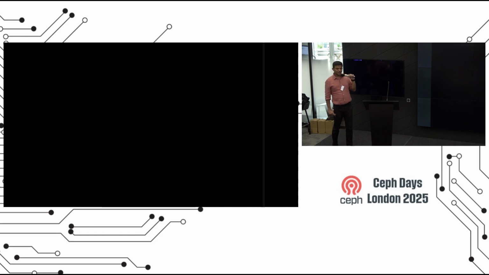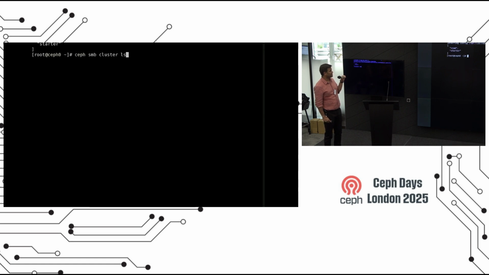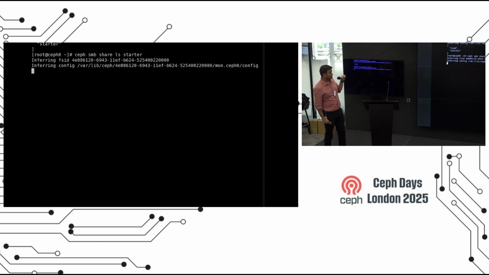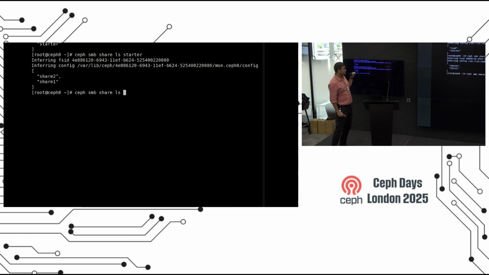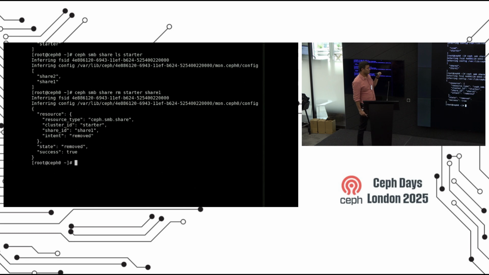And then finally, we can delete the services. We can use the CLI itself to delete the cluster. So there are two clusters, as you can see here. We can list the shares for the starter cluster. We have two shares, share 1 and share 2. And here we go about deleting the shares.